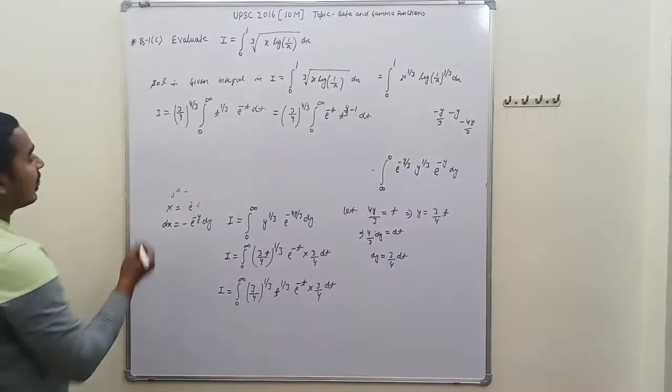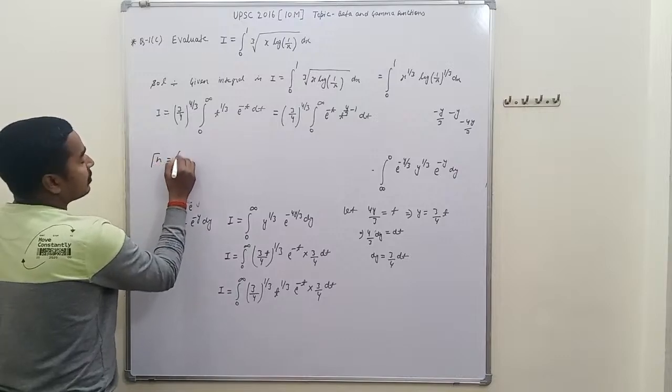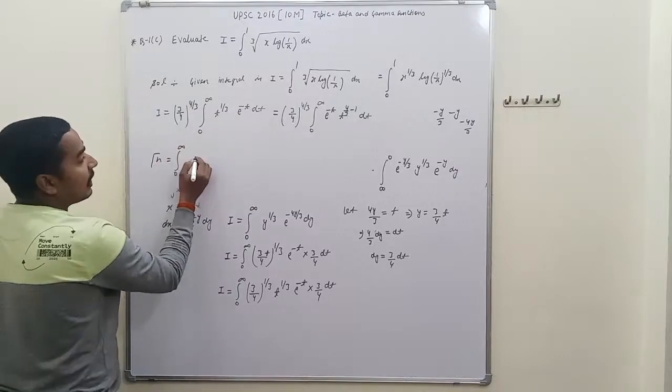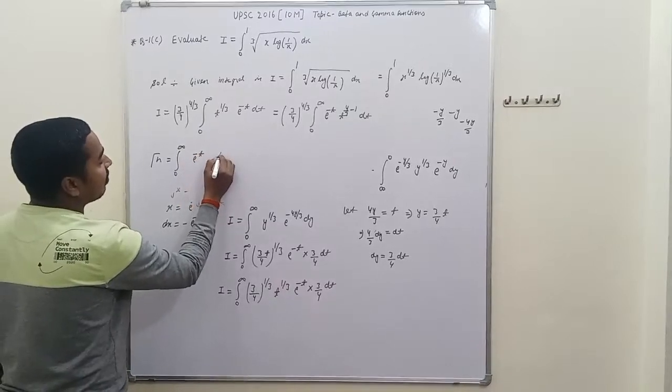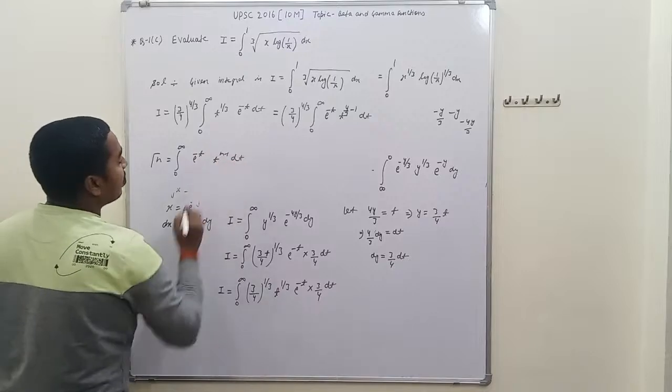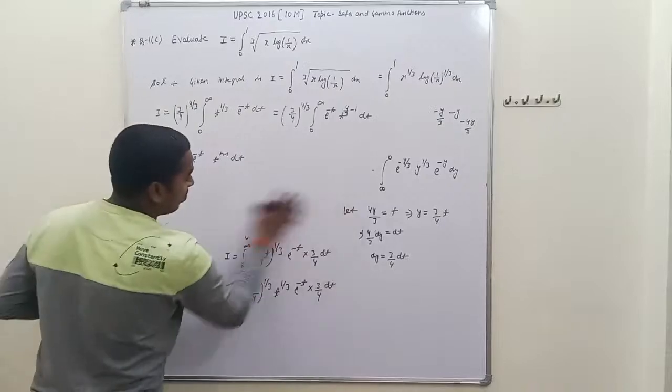using the formula that is given by gamma n is equal to integral from 0 to infinity of e to the power minus t and t to the power of n minus 1 dt. We write gamma n, so we have to use this formula.